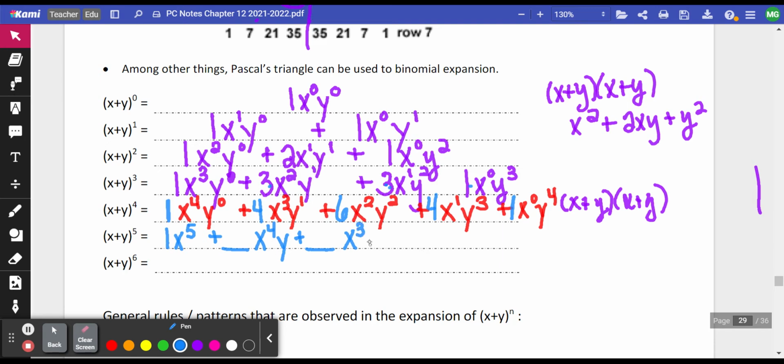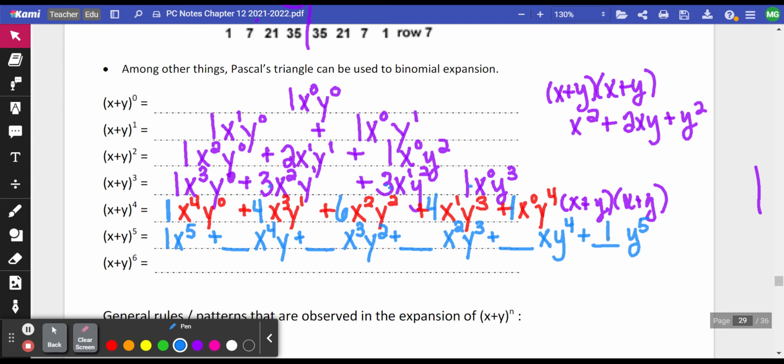X drops down 1, x to the third, y squared, plus, again, we'll get that coefficient in a second. X drops down 1 power, y increases 1 power. Here we go again. X drops down a power, y increases a power. And the last one, we have just y to the fifth, because x to the 0, we don't need to write that. And of course, we know we have a 1 here.